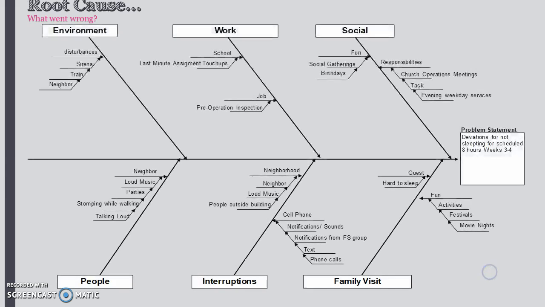Okay. And also, just to figure out what's going on with my sleep and why I'm not getting enough sleep, I did a root cause analysis. And there were so many things that I didn't even realize affected my sleep. For example, the environment and interruptions.